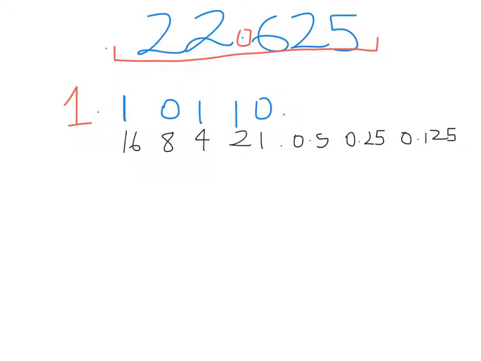Now, at this point, I have to represent 0.625. I know the first thing I can go is in 0.5, which leaves me 0.125. So I'm going to go 0, and then I'm going to go 1. Okay. So this is the number that I'm left with, 10110.101.